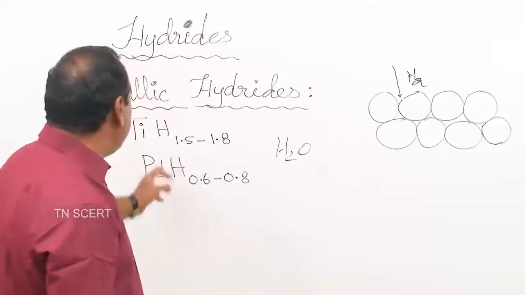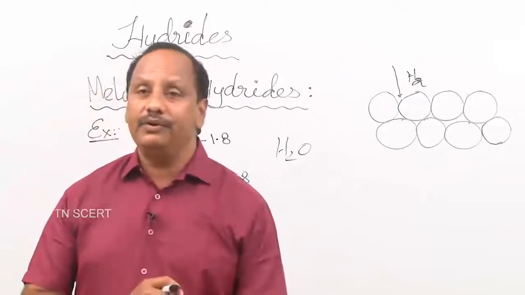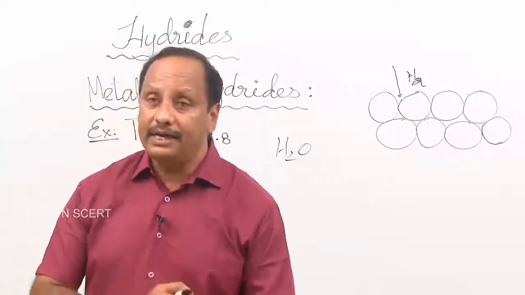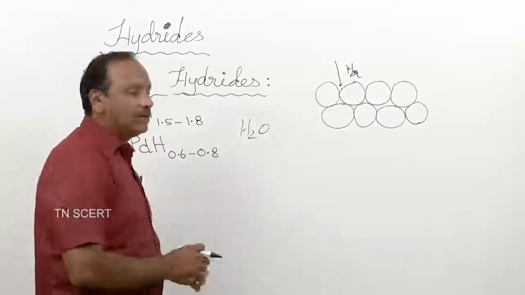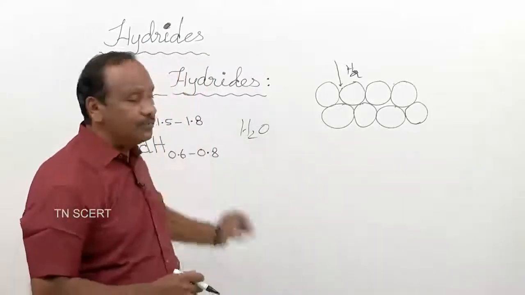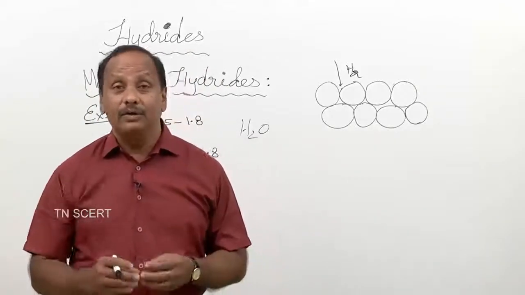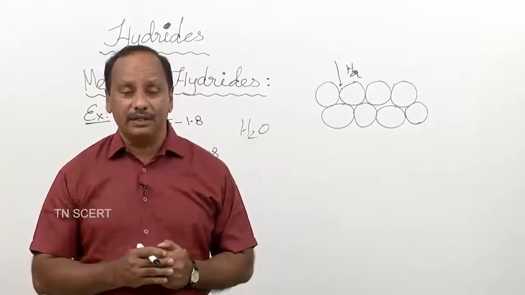In the case of titanium hydride or palladium hydride, there is no definite ratio between the metal and the hydrogen. So, metallic hydrides are thermally unstable. On heating, hydrogen is evolved from the surface of the metal. Therefore, the metallic hydrides are useful to store hydrogen.